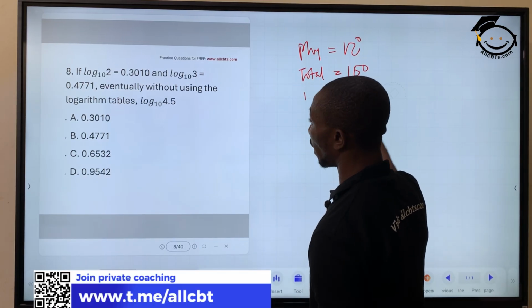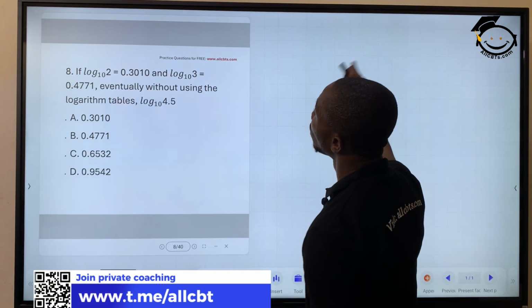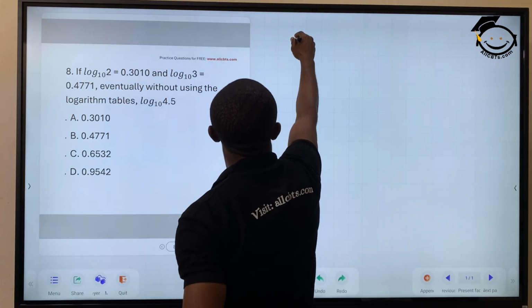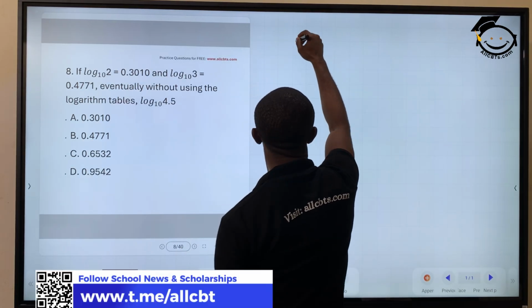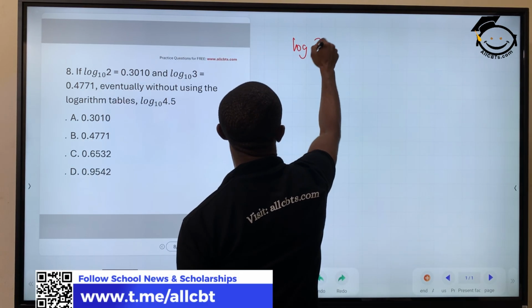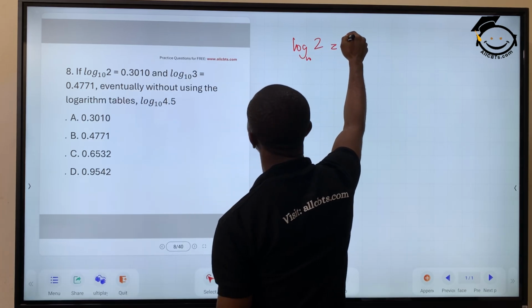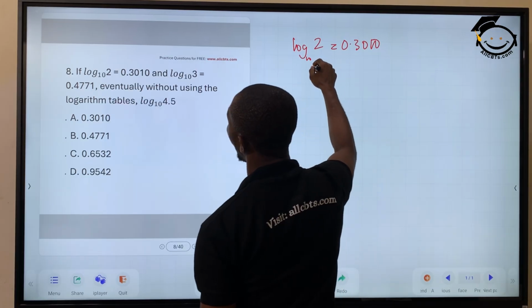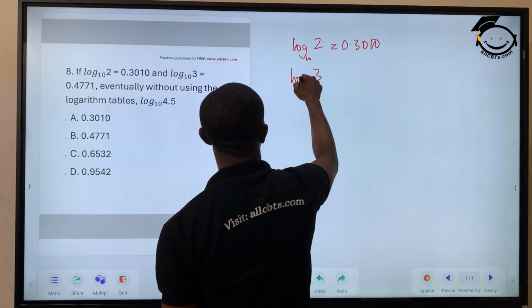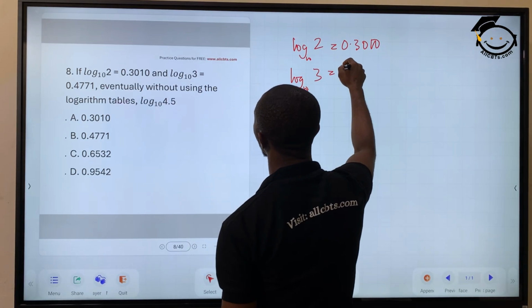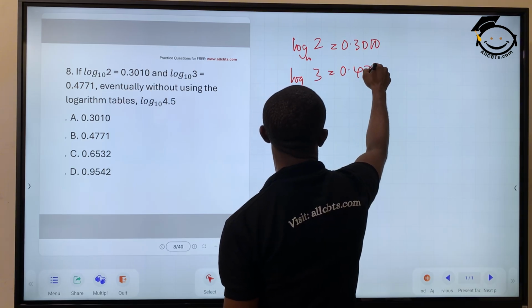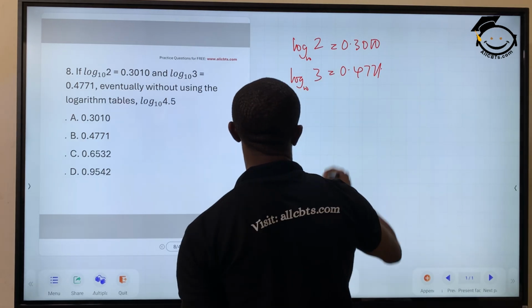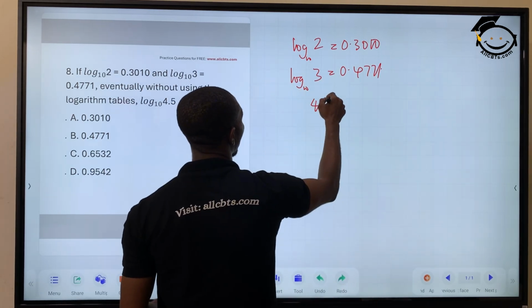Next, we have, if log 2 equals 0.3010 and log 3 equals 0.4771, without using a logarithm table, evaluate log 4.5.